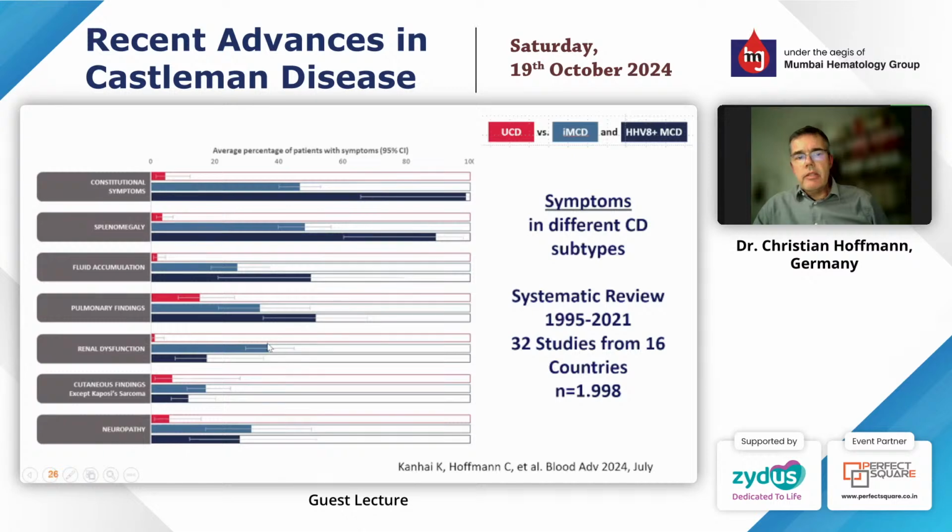But in contrast, you will find more renal dysfunction in patients with IMCD, and this may be due to underlying comorbidities in these patients, who tend to be older than patients with HHV-8 positive Castleman.